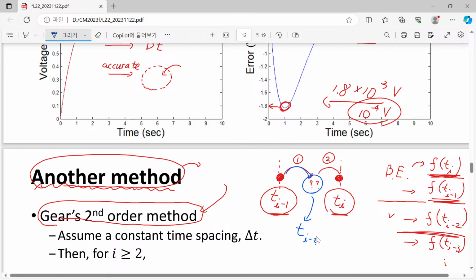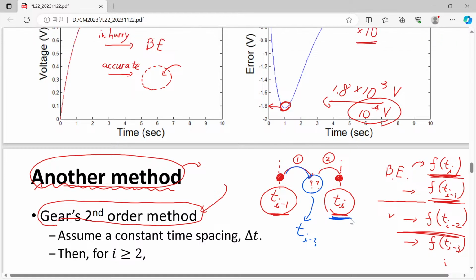So this is not exactly half, but anyway you have something. This question mark is smaller than 1, and after that, when you really calculate this time derivative at this point, fortunately you have two past time values.